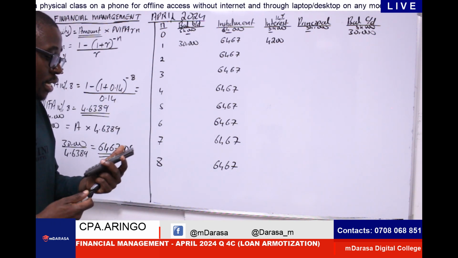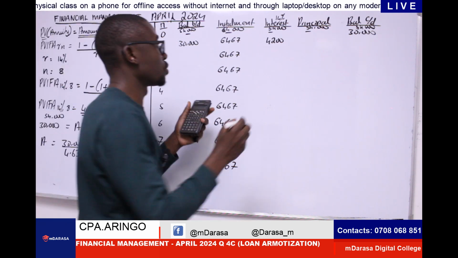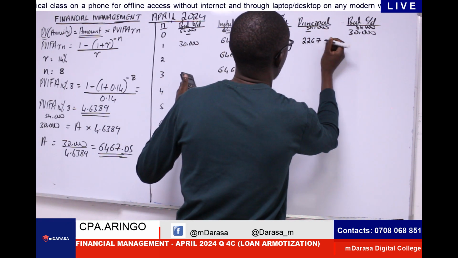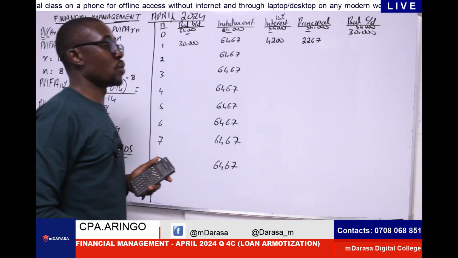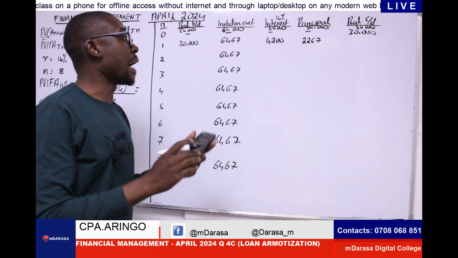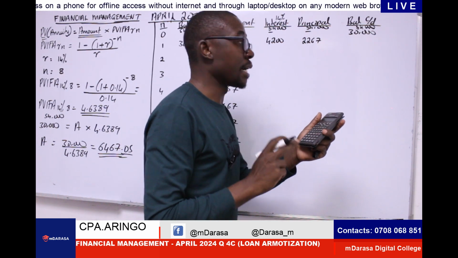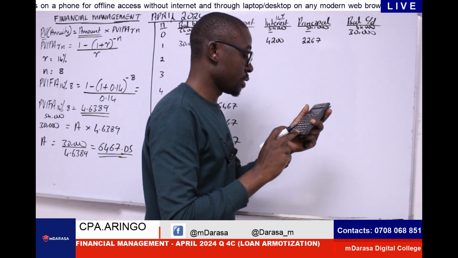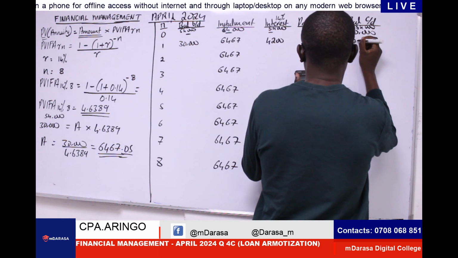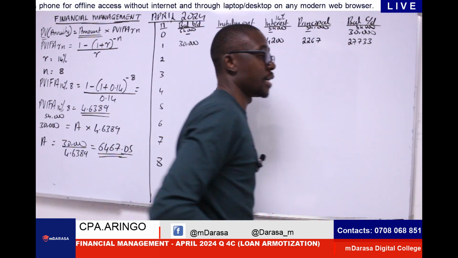Yes, you can. So my principal will be 6467 minus 4200, to give me 2267. So that our balance carried down as at the end of the day, I should be having my 30 million minus 2267. This should give me 27,733.